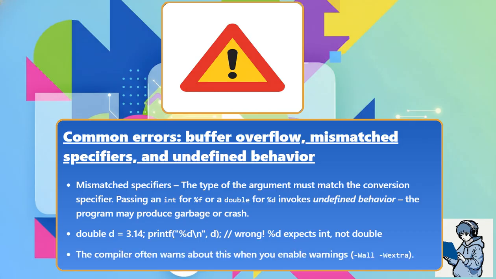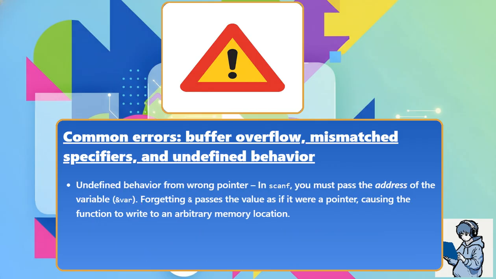The compiler often warns about this when you enable warnings -Wall -Wextra. Undefined behavior from wrong pointer: in scanf, you must pass the address of the variable, &var. Forgetting the ampersand passes the value as if it were a pointer, causing the function to write to an arbitrary memory location. int n; scanf("%d", n); // wrong, should be &n.